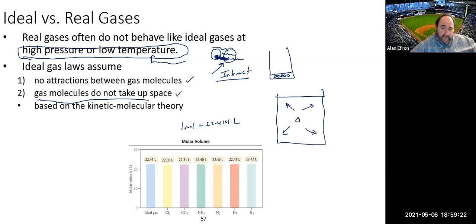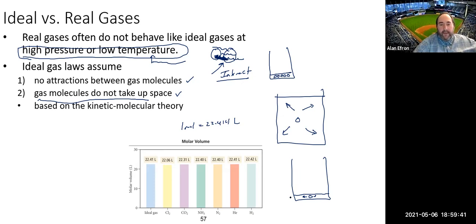The container itself is much, much larger. When we squeeze down that volume to be much smaller and you have that same size gas molecule, now the volume of the gas molecule is relevant relative to the volume of the container it's in.